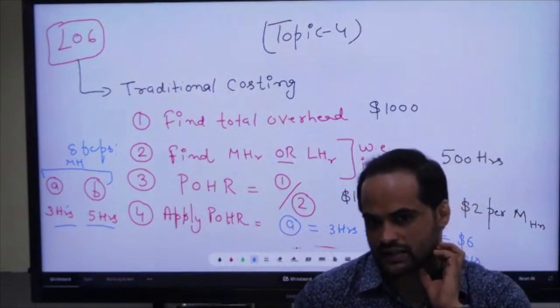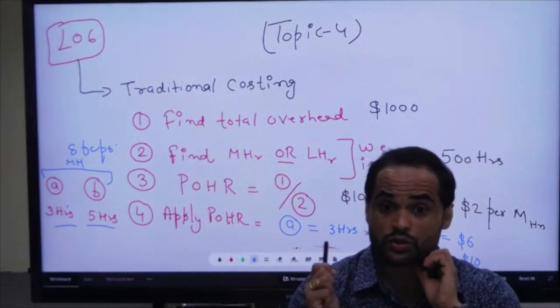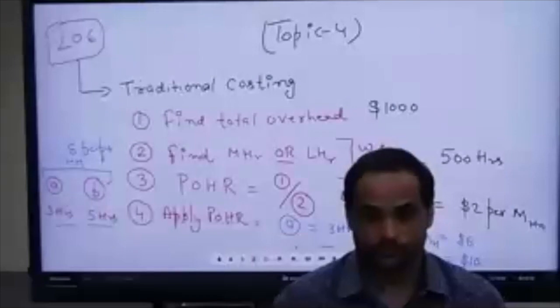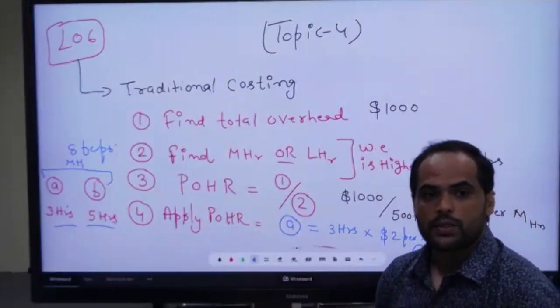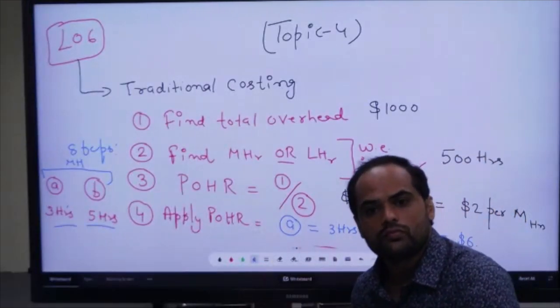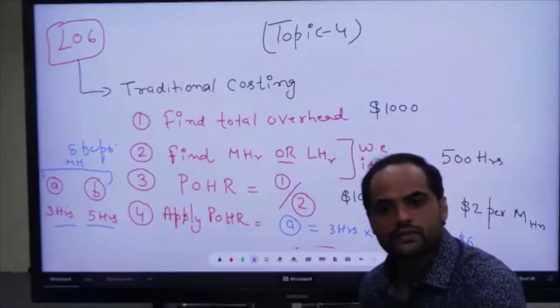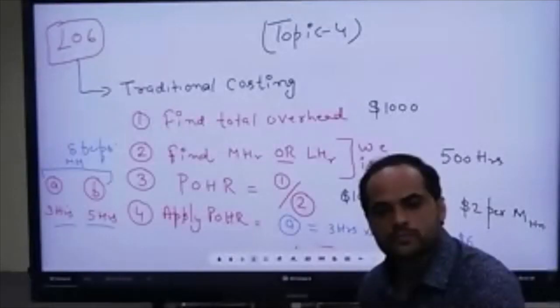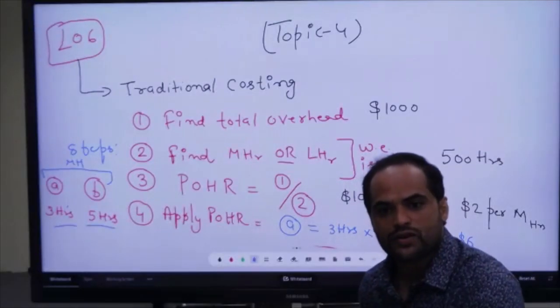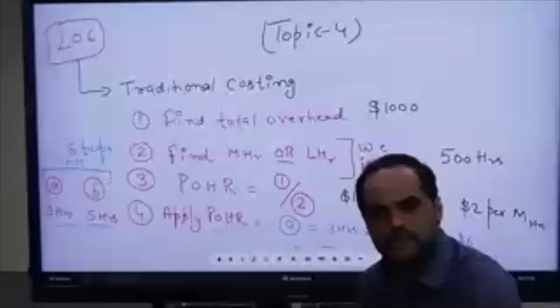Did you understand? Did you get the ideas of traditional costing? Of course, we will do some practice. We have one question. Did you understand the traditional costing method? Did you get the ideas for these 4 steps? Say something, yes or no?